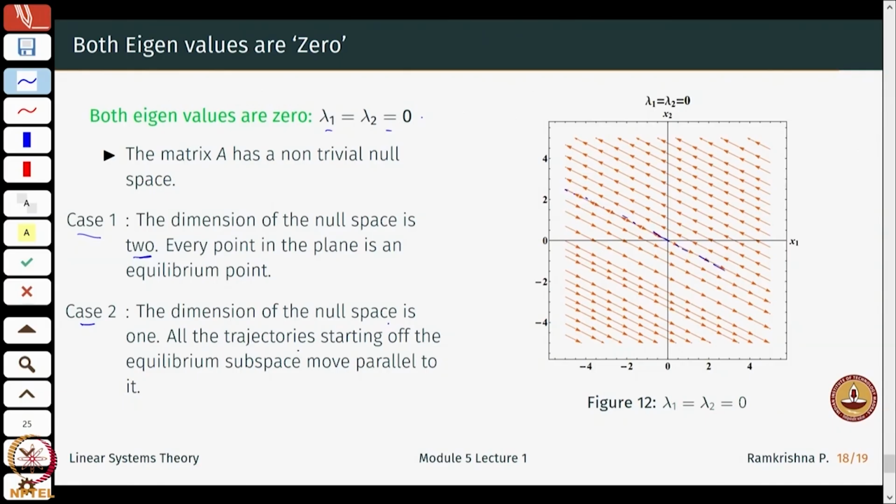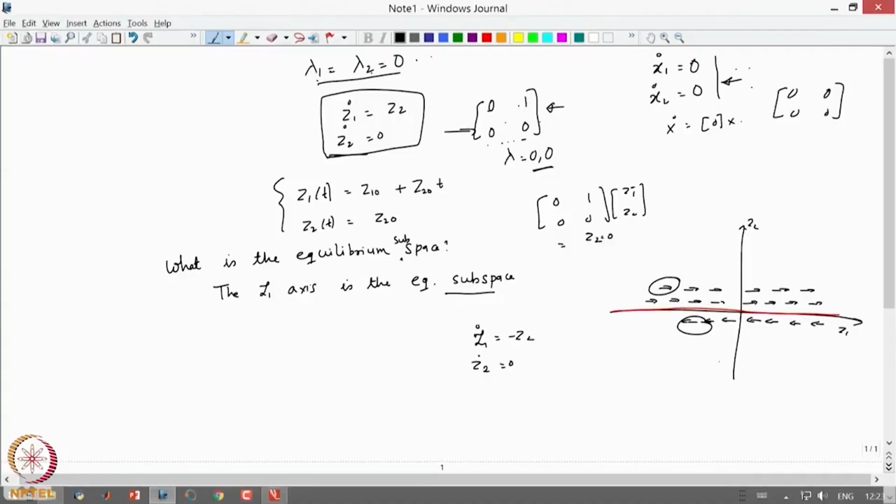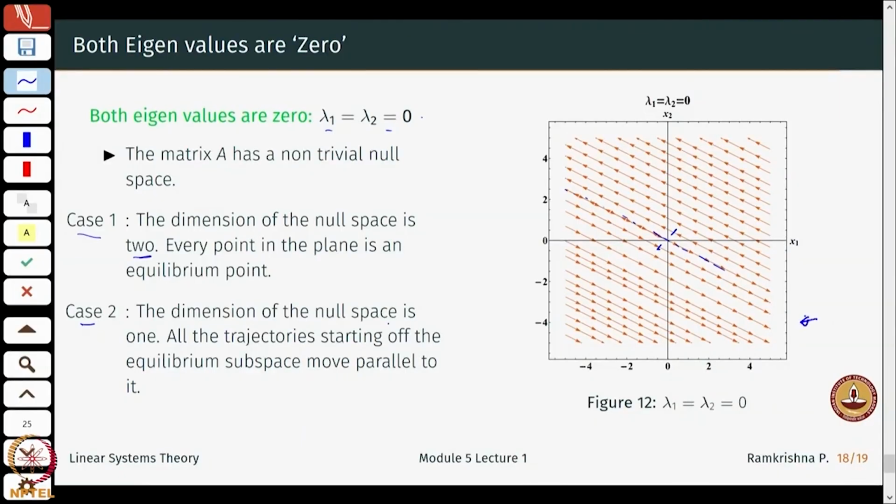All trajectories starting off the equilibrium subspace, either here or here, will just move parallel to it, similar to what we saw in the plots in the Z1 Z2 plane, and equivalently in the x1 x2 plane they will look something like this.